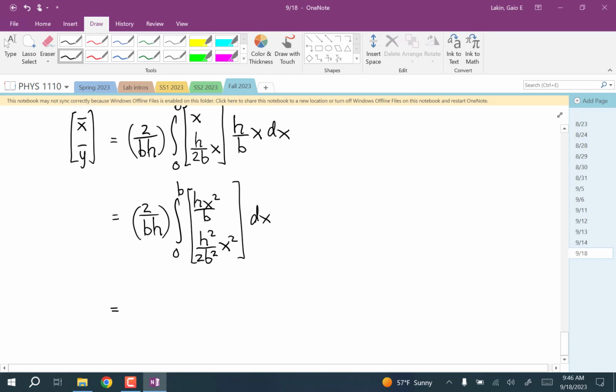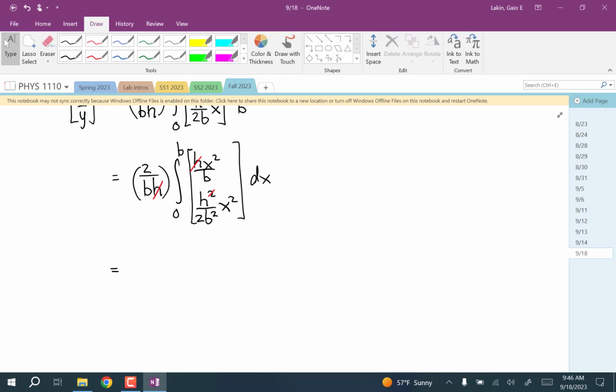Okay, what do we have here that we can cancel? We can cancel 1 h there with 1 h in each of those. And then we can pull out 1 b.